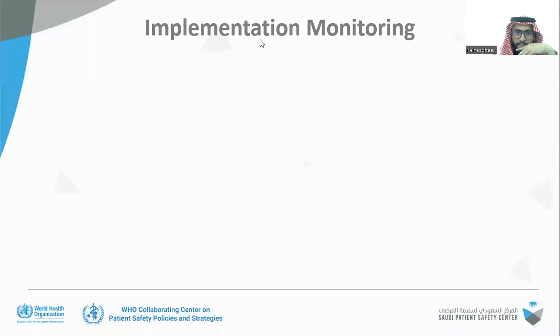So let's take some questions before we close. What will you do if a root cause is difficult to solve in the medium to short term, such as staff shortage that requires training of staff in the long term? I don't think this can be solved by the quality and patient safety department by themselves.